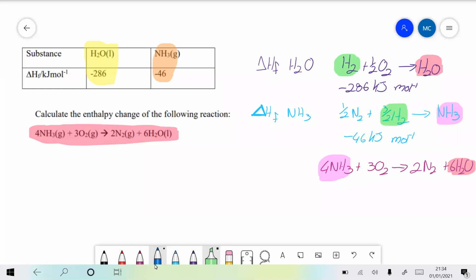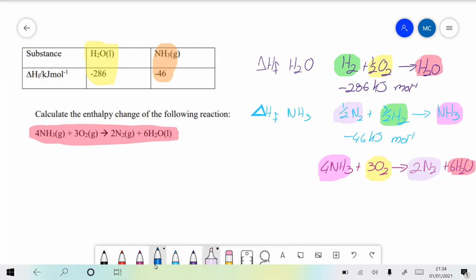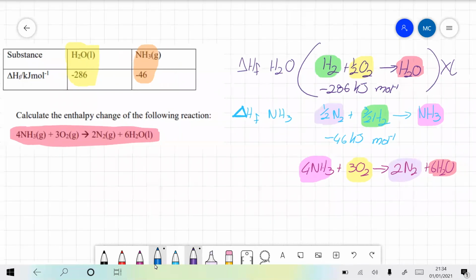H2, O2, and last but not least, we've got the nitrogens. So in these three reactions, every single component is written twice. Now, we have 6H2O in our reaction, so we will need to multiply that by 6.